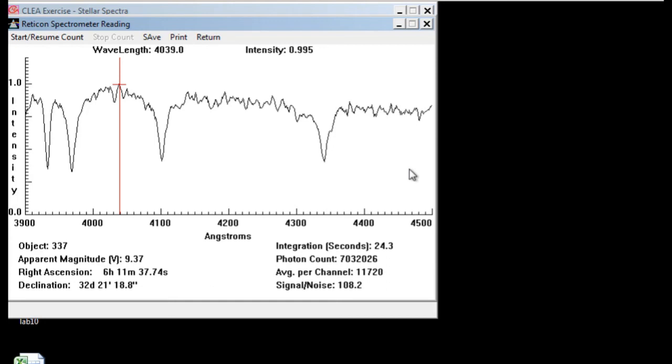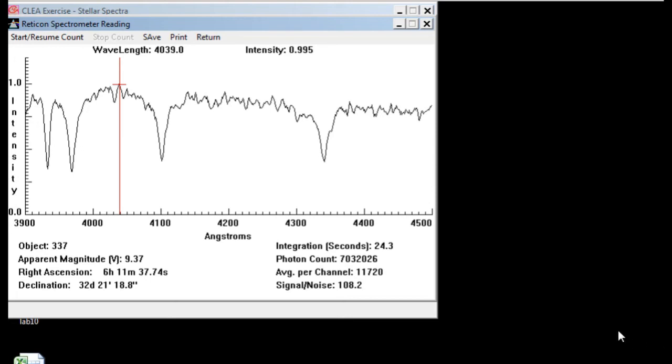If I'm looking at this, it does look a lot like the first one we worked with, which is not on purpose. It looks a lot like HD 124320, which was a type A3 star. So if we're already making guesses as to what this spectrum might be, I would say an A-class star is a good place to start.